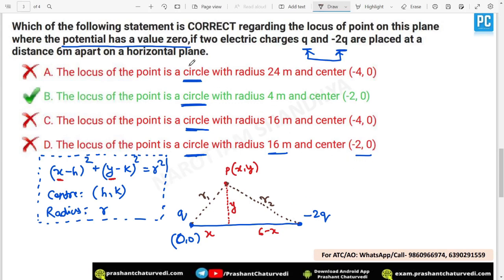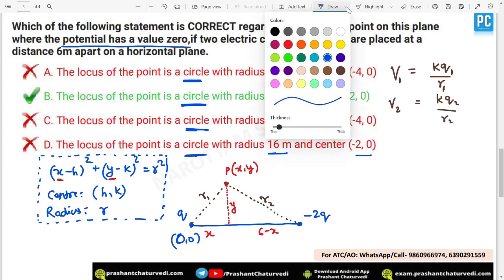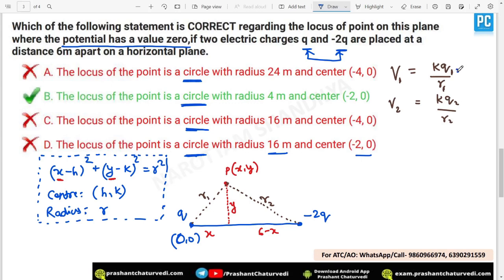Right? Now, what is the value of potential? We know it was very easy. The potential is given by kq by r. So for charge q1 it will be kq1 upon r1, and for the potential because of the second charge it will be kq2 upon r2. Here q1 is q, so kq upon r1, and q2 is minus 2q, so k times minus 2q divided by r2.